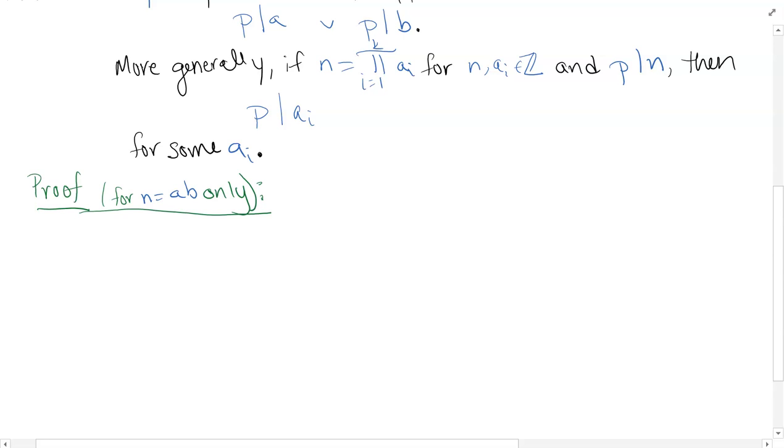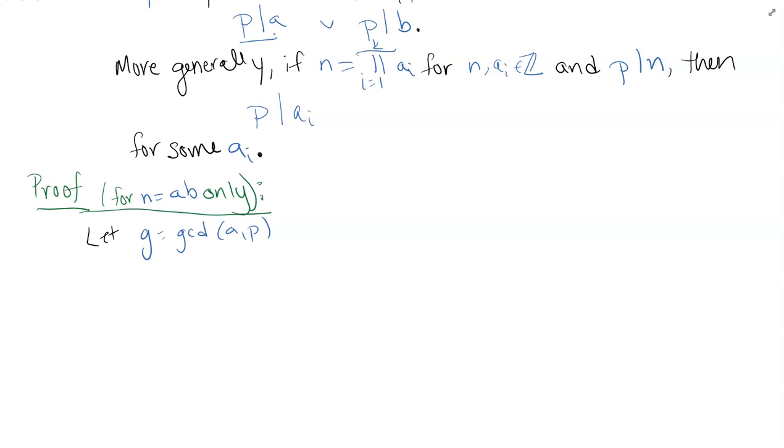Okay. All right. So how we're going to start is by letting G be the GCD of a and p. We're going to focus on this case, and then you can swap the condition for b if you wish. So we let G be the greatest common divisor of a and p.